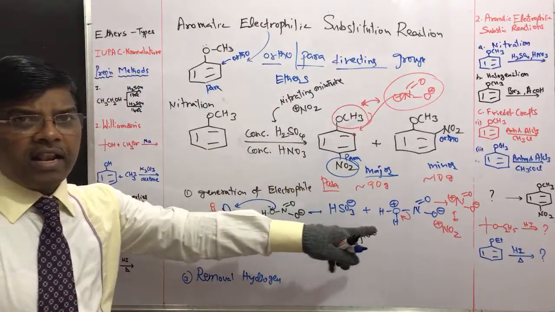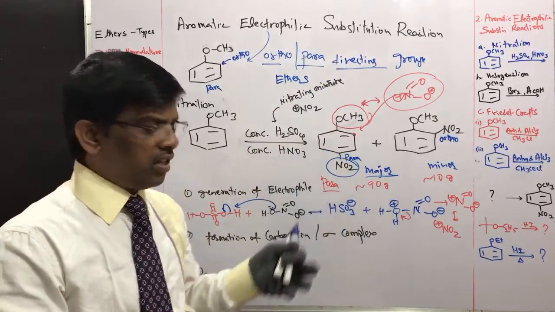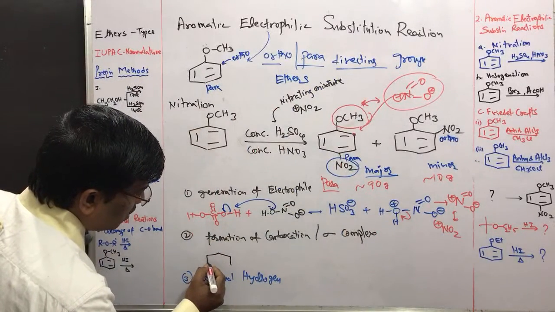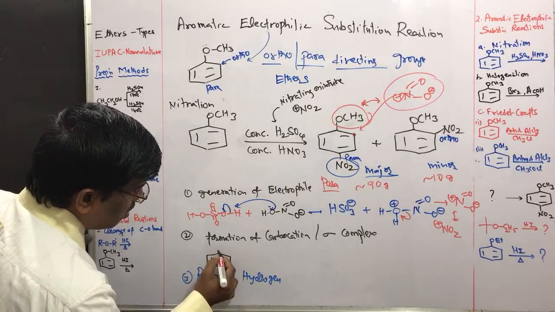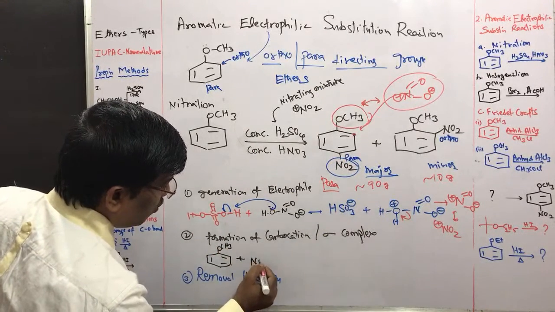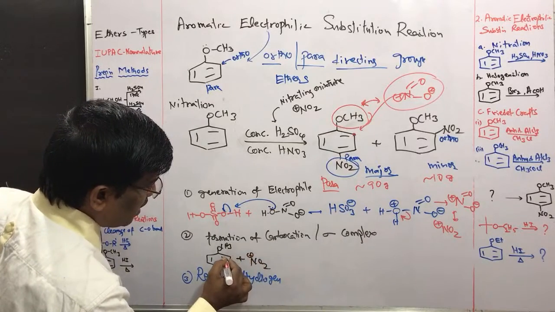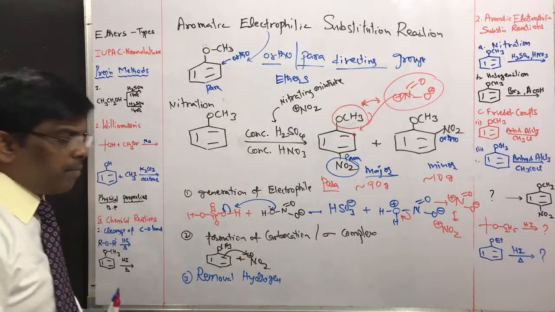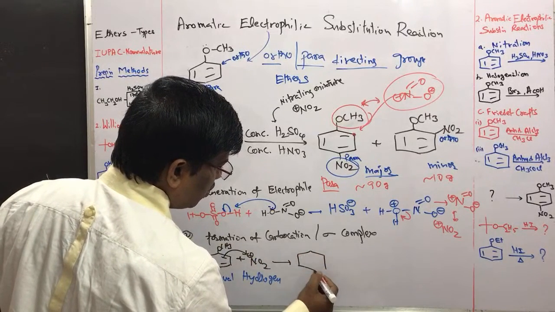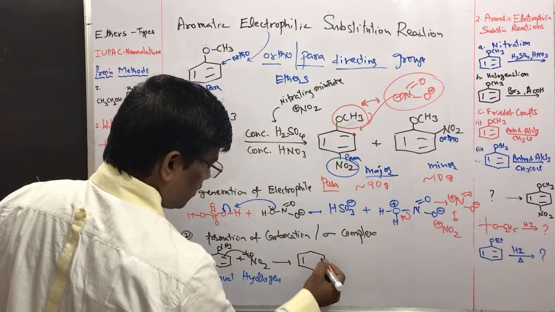This electrophile is now floating in the reaction mixture. What is there in benzene? Yes, we have anisole plus this NO2 floating in the reaction mixture. It simply takes up the lone pair electrons, and let me write at the ortho position.